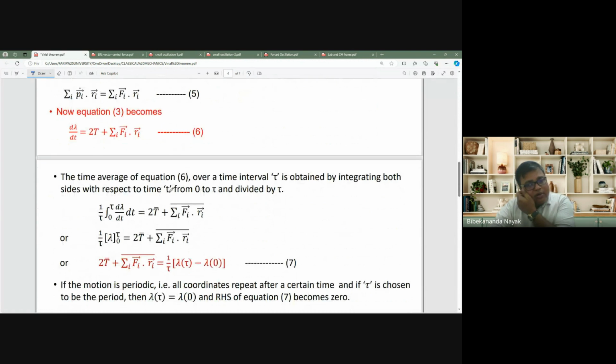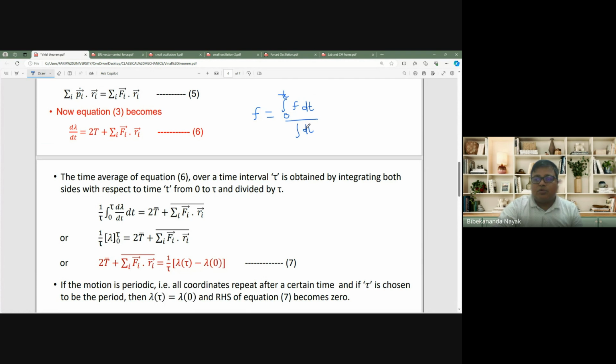The time average of the equation over time interval tau is obtained by integrating both sides with respect to time t from 0 to tau and dividing by tau. Time average of f means what to do? We take the integration from 0 to tau of f dt, divided by the integration of dt over the time period.